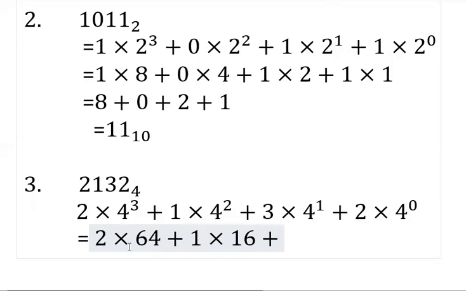Plus, we have 3 here. Times 4 raised to power 1 is what? 4. The next one we have what? Plus 2 times 4 raised to power 0 will give us what? 1. Anything raised to power 0 will give us 1. Awesome.